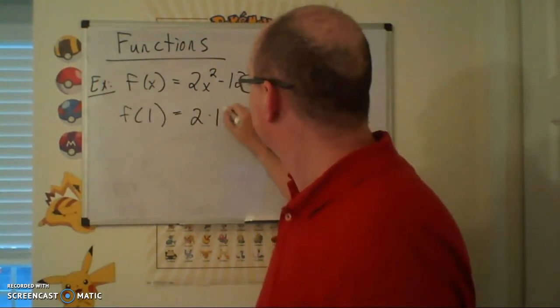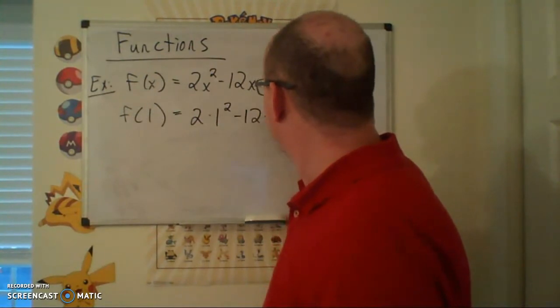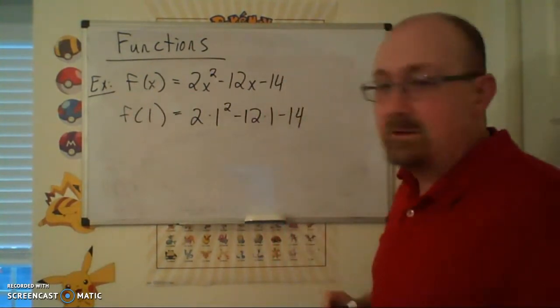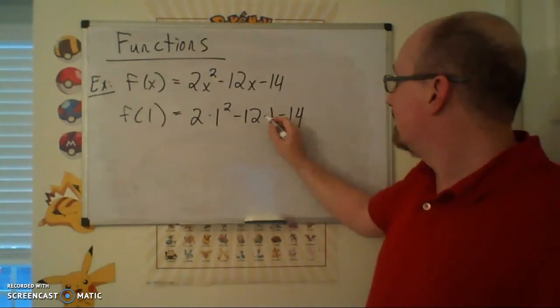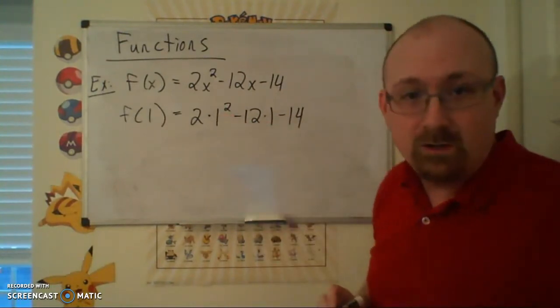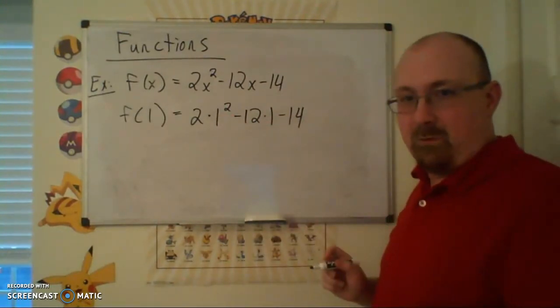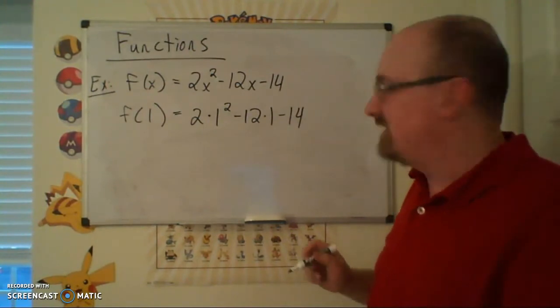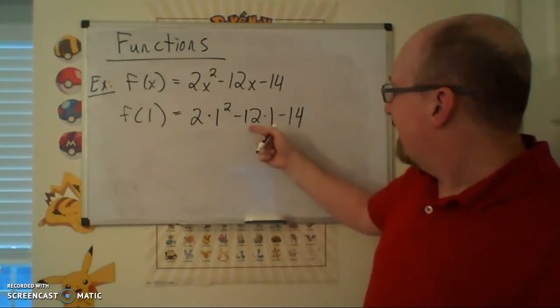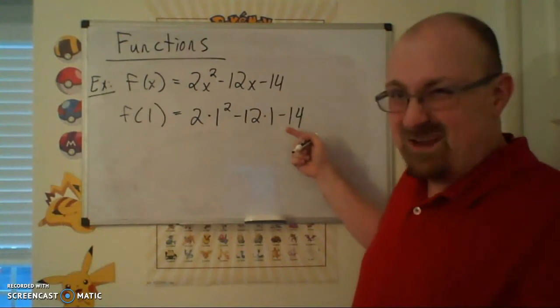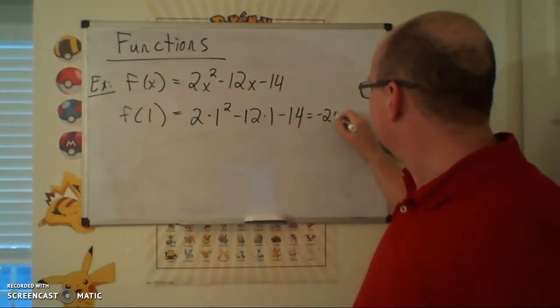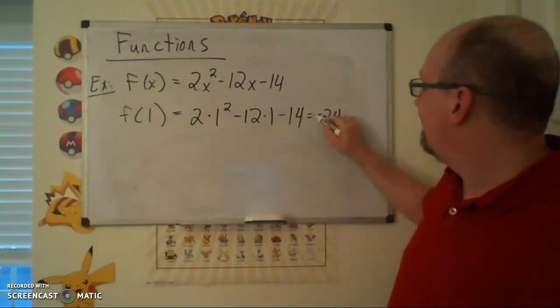So I'd have 2 times 1 squared, minus 12 times 1, minus 14. Again, let me make my multiplication dots a little more clear. You work through the arithmetic in this instance. It's not too tough to work out. Minus 12 minus 14 is negative 26. So yeah, we get negative 24 out of that.